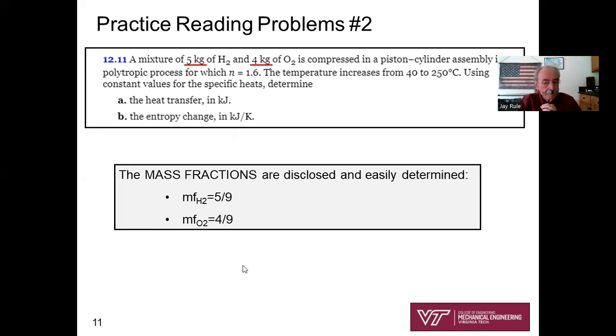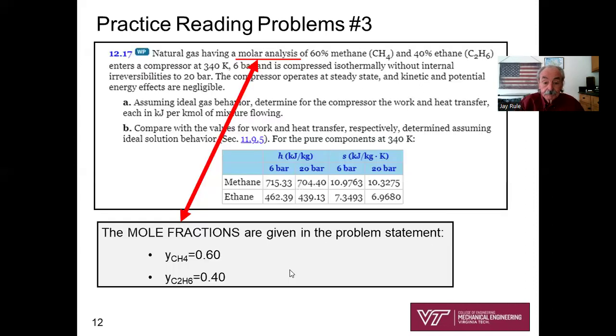So, applying a little common sense, the total mass in this piston and cylinder closed system would be 9 kilograms, and you can immediately calculate the mass fractions. Mass fraction of hydrogen, 5/9, and mass fraction of oxygen, 4/9. Again, applying some common sense to reading a homework problem.